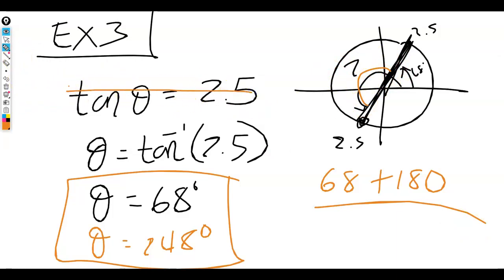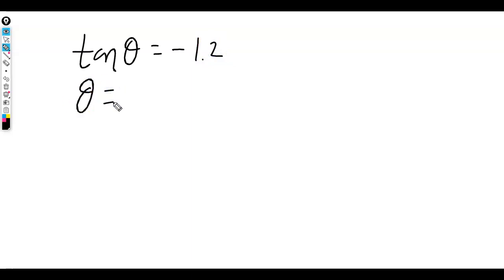Let's do another example. How about tangent of negative 1.2? So start by doing arctan, right? Getting negative 50 degrees.